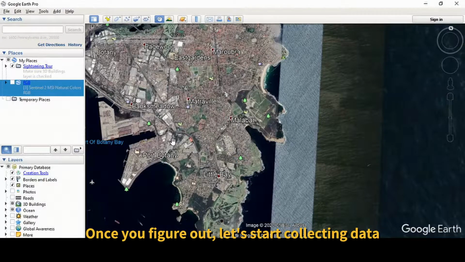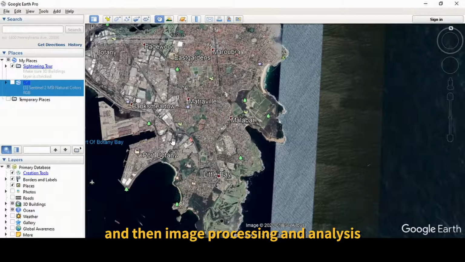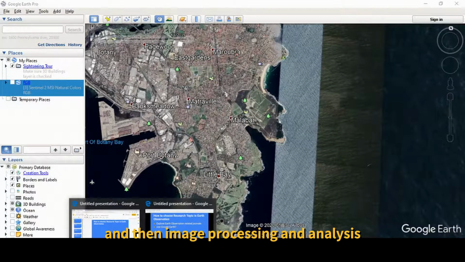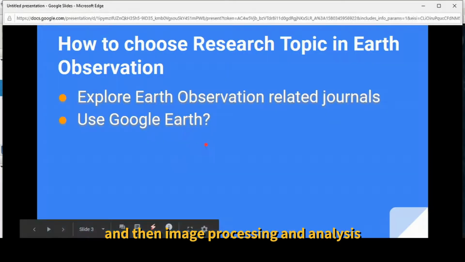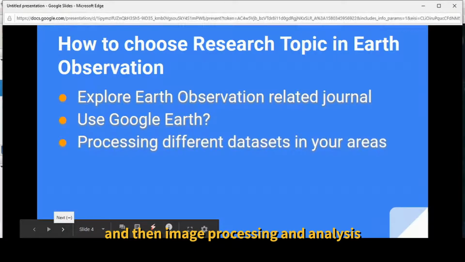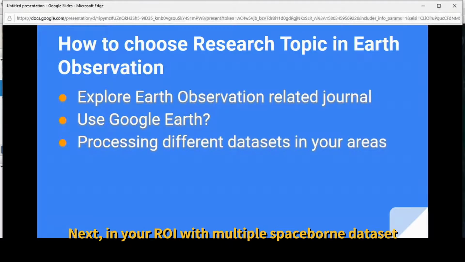So the next step is to start to collect the data, then image processing and analysis. So as a next step, process different datasets in your area.